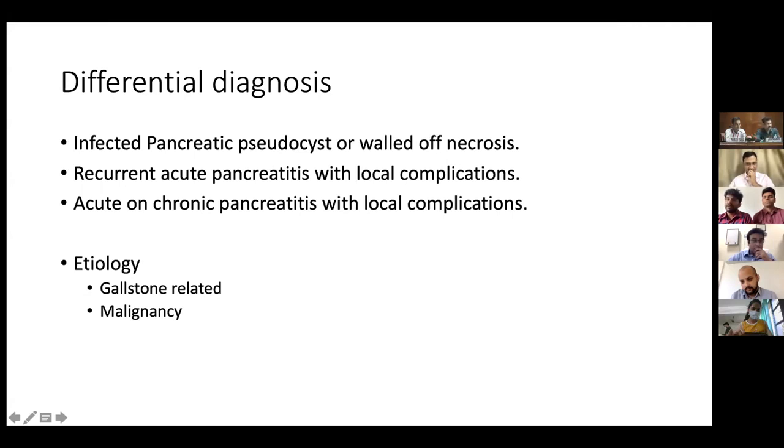My second differential is recurrent acute pancreatitis with local complication, since the patient had some amount of collection on the follow-up ultrasound after 1 month. And the final, down the list, I would consider acute on chronic pancreatitis with local complications, since the patient did not have any history of significant weight loss, prior abdominal pain or steatorrhea.